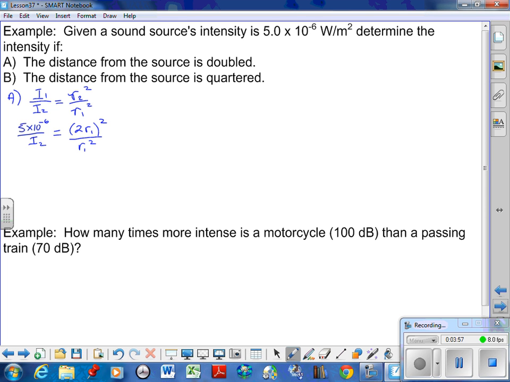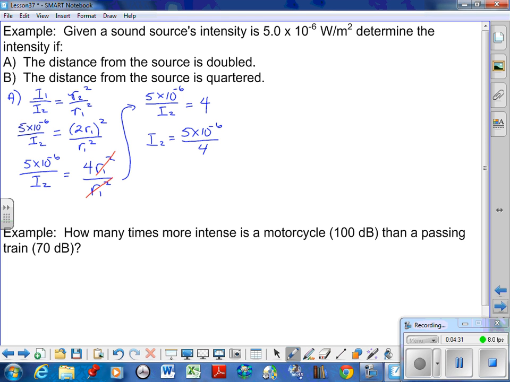Cleaning that up a little bit, I'm going to leave this side for a second over I2. On the top, 2R1 squared will become 4R1 squared over R1 squared. R1 squared will cancel out. And what we would find is that 5 times 10 to the negative 6 over I2 is going to equal 4. Rearranging it, I2 is equal to 5 times 10 to the negative 6 divided by 4 watts per meter squared.